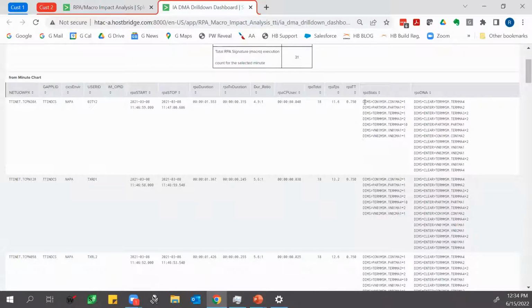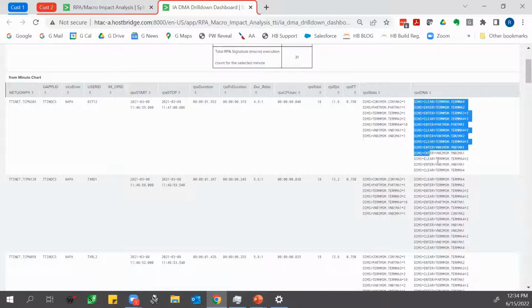Now, with this particular customer, their most common transaction is labeled DIMS. Showing a DNA that just said DIMS, DIMS plus the clear key, DIMS plus the enter key, would not have been very interesting.